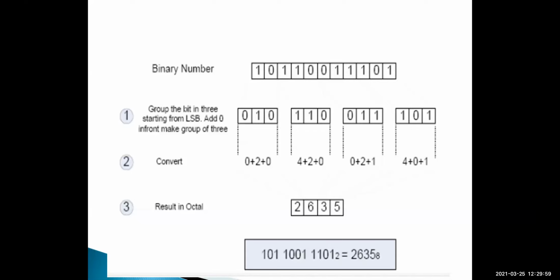Yes, sir. 125. Present, sir. 126. Present, sir. 128. 129. Present, sir. 130. Present, sir. 131. 132. Present, sir. 133. Present, sir. 134. Present, sir. 135. Present, sir. 136. Absent.